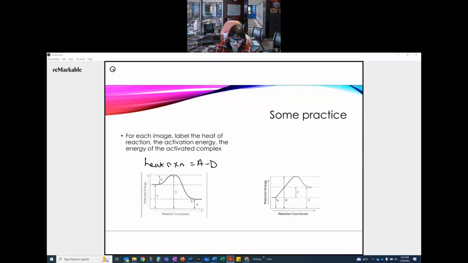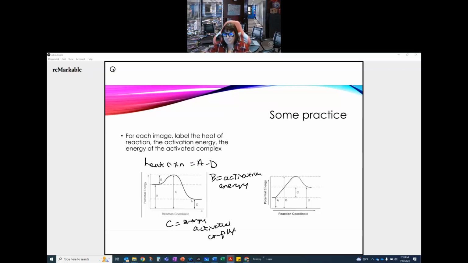The activation energy is B. And the energy of the activated complex is C. So transition state, activated complex, there's a bunch of different titles that we use for that. All of them apply to that thing that exists, that transition state in the middle.